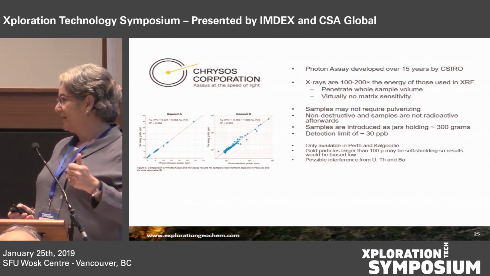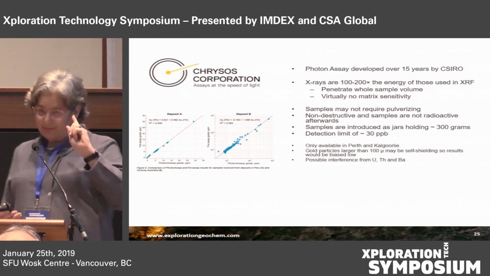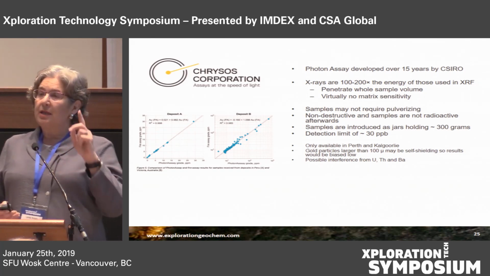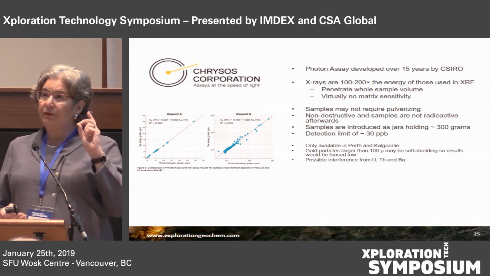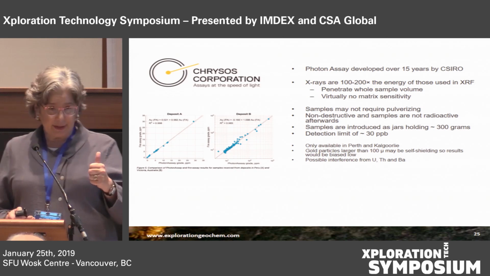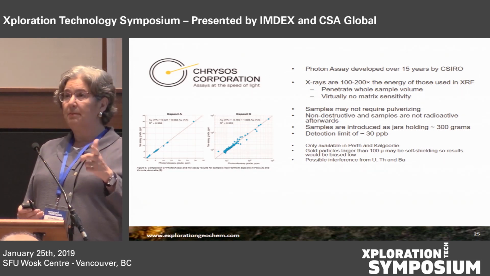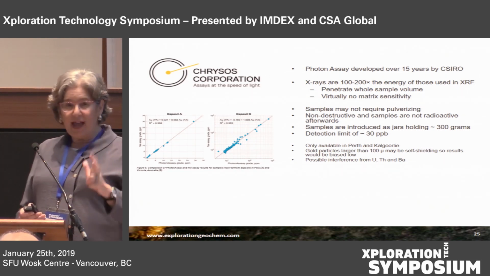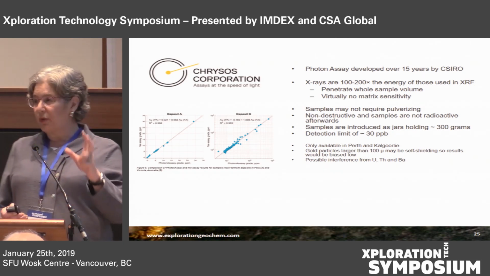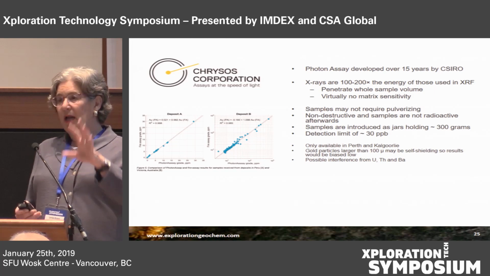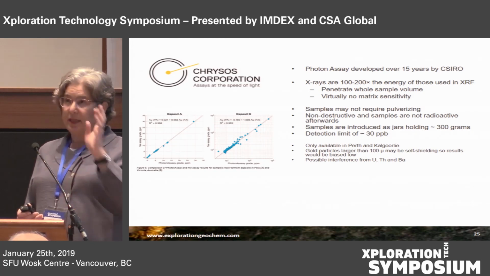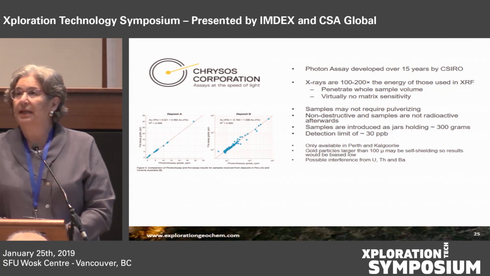It is not neutron activation, and it is not regular XRF energy. So for me, the big advantage is the large sample size, relatively low matrix sensitivity, and the fact that the samples can be returned to the client. So what I like is that you could do this test and still do fire assay or metallurgical sampling or anything else that you need to do.